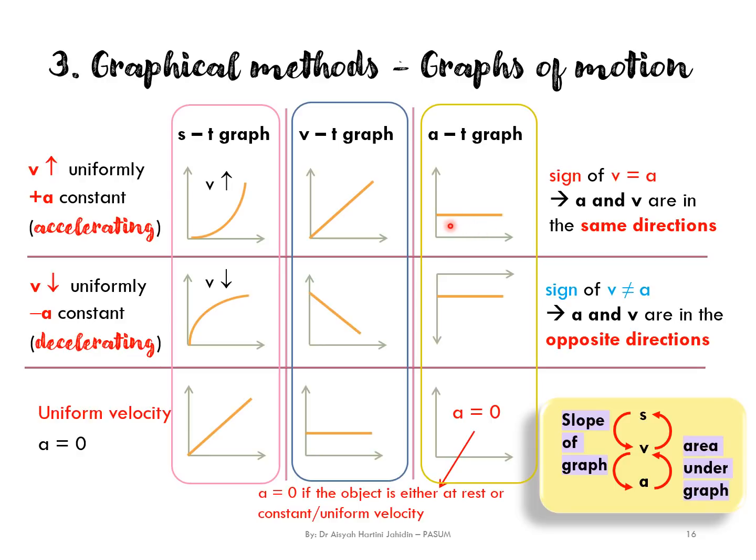The area under the a-t graph represents the velocity. Let's move to the second one at the center here. If you calculate the area under the v-t graph, it will represent the position. This I have summarized here.